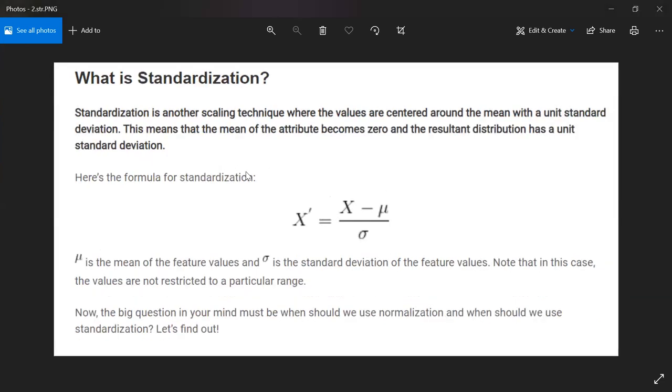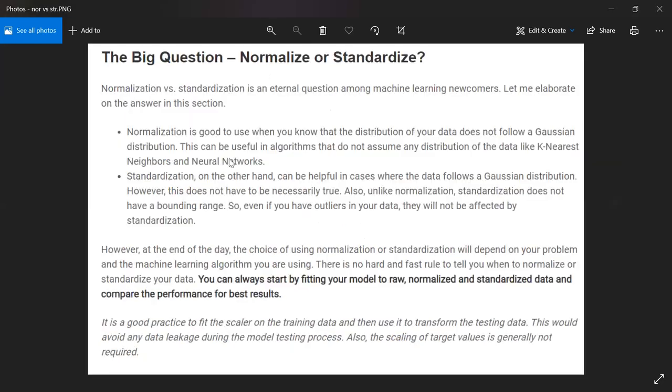And what is standardization? X minus mu divided by sigma. This is also used to scale the data. Do we get 0 to 1 over here? Do we get 0 to 1 in this case? No, we get standard deviations for the data set. Correct, guys? What is the difference between both? Normalization is good to use when you know the distribution does not follow a Gaussian distribution.